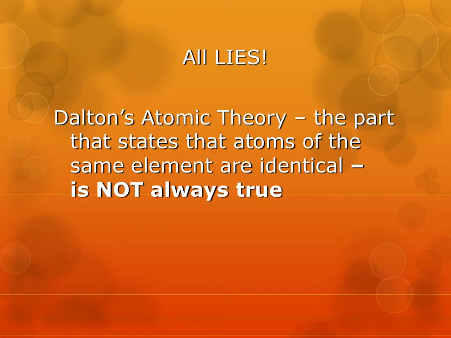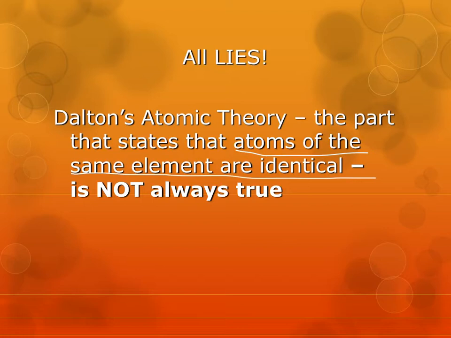One part says atoms of the same element are identical, which means if I dug a hole in Africa and one in Canada and found some iron, all of those iron atoms would look exactly alike.